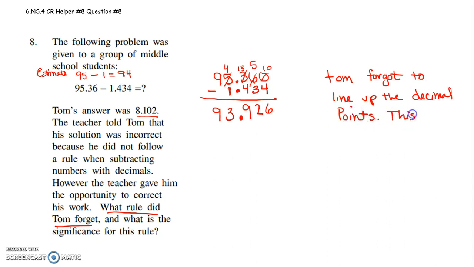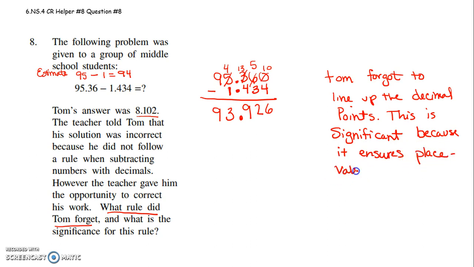This is significant because it ensures place values are lined up correctly.